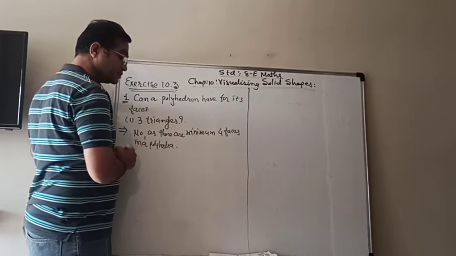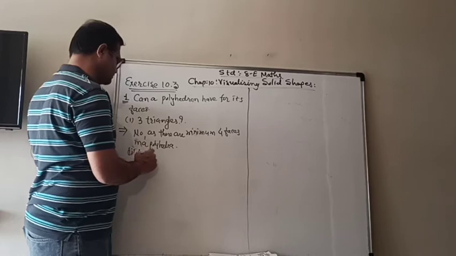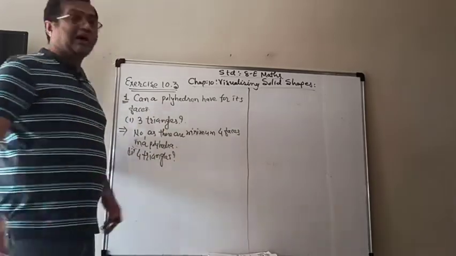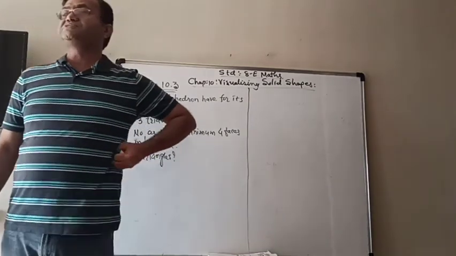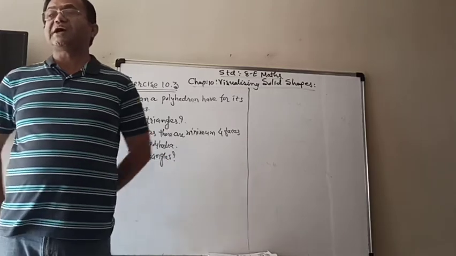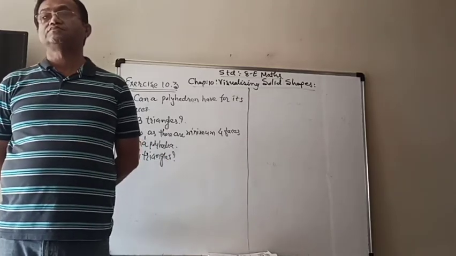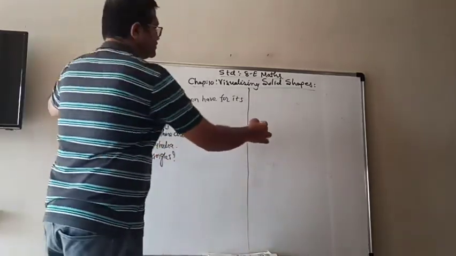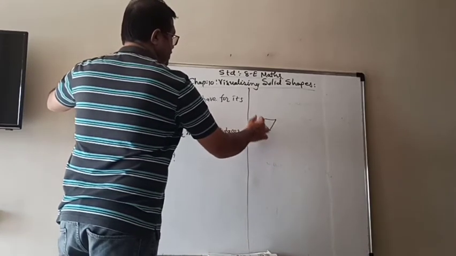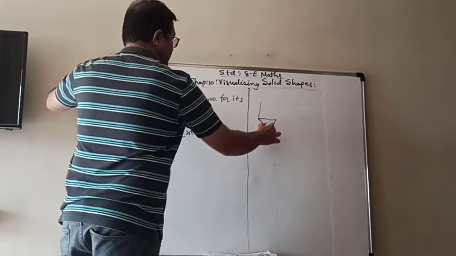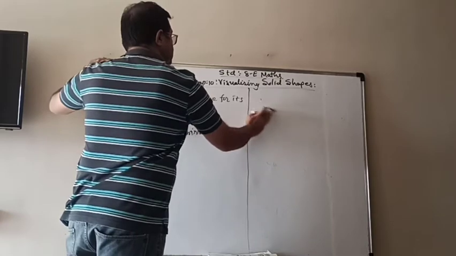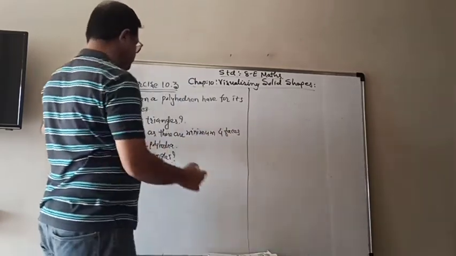Second one is 4 triangles. Now, if you think about the pyramid with triangular base, it has a triangle base and 3 triangles meet at the common vertex.